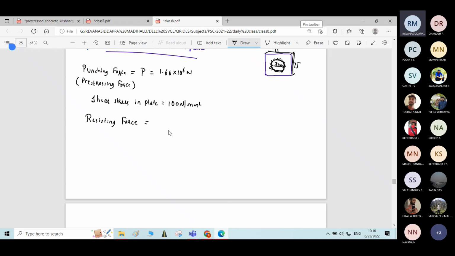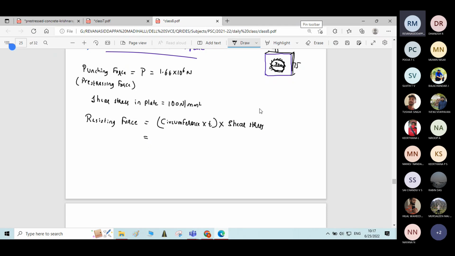I hope you are understanding. Therefore, circumference into thickness of the plate will give the area of the plate which is subjected to the shearing action. Thickness is perpendicular to the screen here. This area into shear stress will give the resisting force.